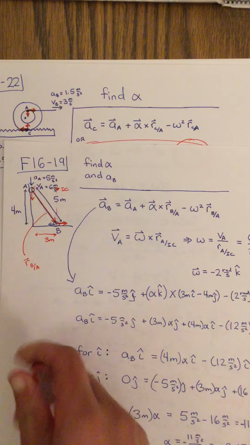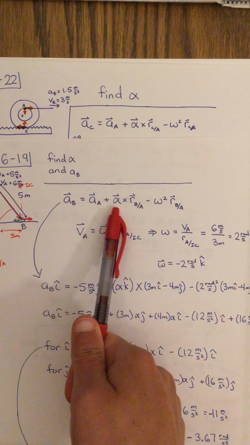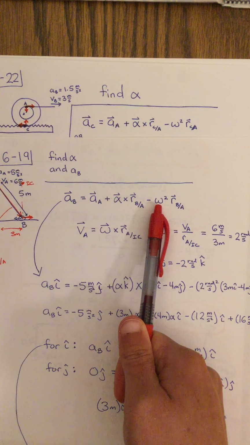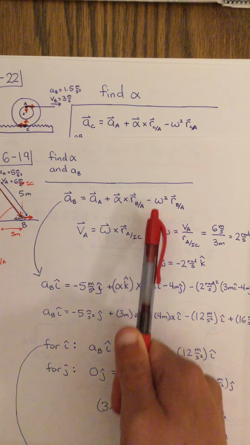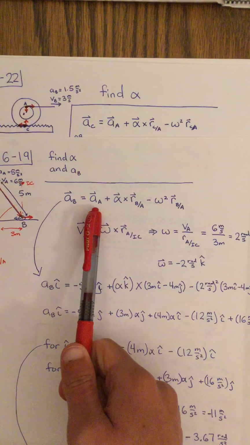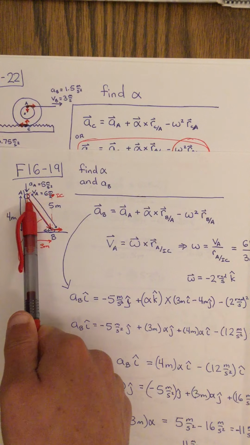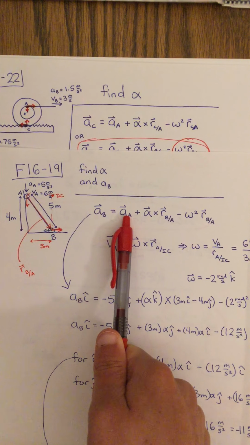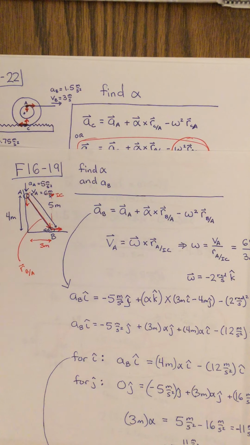So I have magnitude and direction here. And because I have 2 unknowns, that means I have to be able to say what the angular speed is and what this position is. So I had to find this angular speed so I could find my 2 unknowns in this problem. Fortunately, in this problem, just by looking at it, I'm able to say that this acceleration only has a j-hat component.